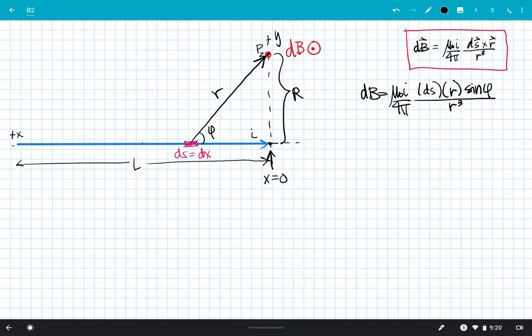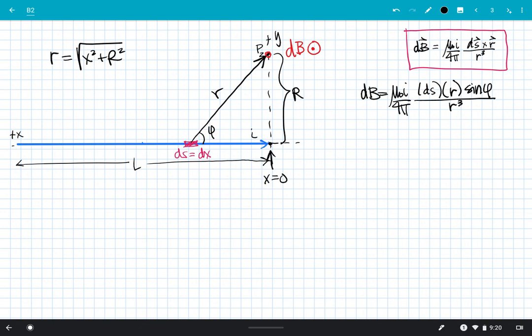So all right, we can start expressing things now. We know that my r, I can write as the square root of x squared plus big R squared.